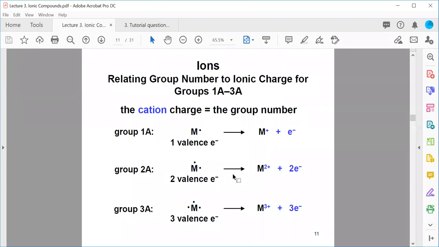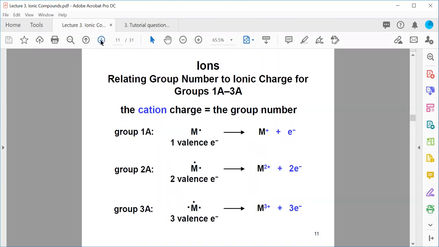Written to the right side of this reaction arrow means a loss of 2 electrons, and as a result, this metal will pick up a 2+ charge. Group 3A elements have 3 valence electrons, and they tend to lose those 3 electrons to form a 3+ charge.